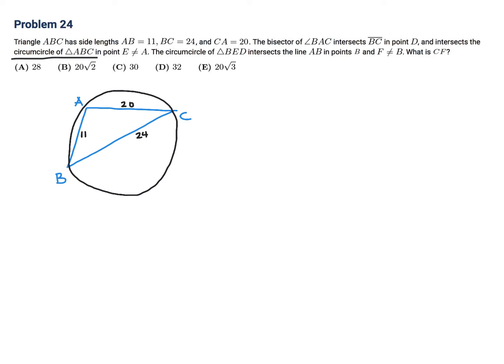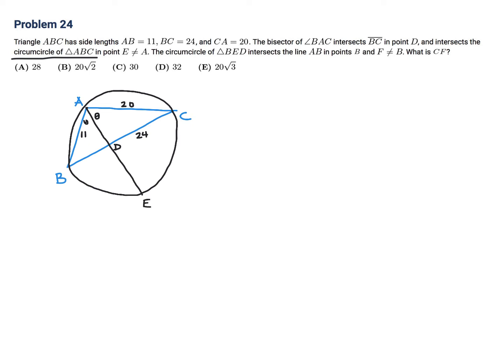Then the bisector of angle BAC, a line that bisects it, so this is theta and this is theta, because it cut that in half. It intersects BC at D, and intersects the circumcircle at E.